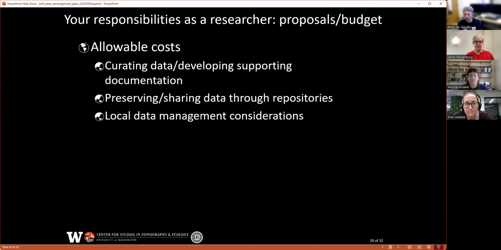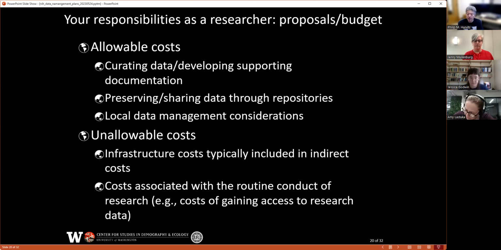So a lot of unknowns here. You can also ask for money for local data management considerations. So if you needed more storage space or another server or something for doing the data curation and development, then you can ask for that.